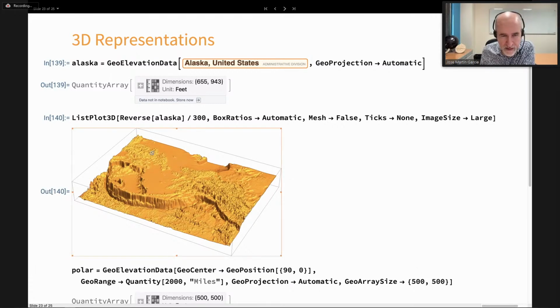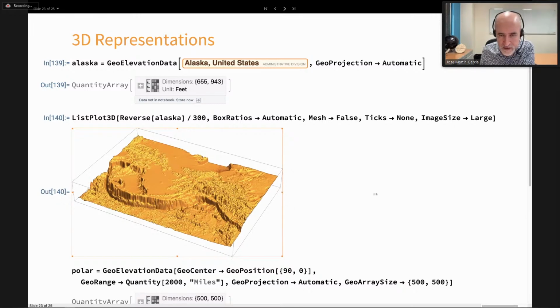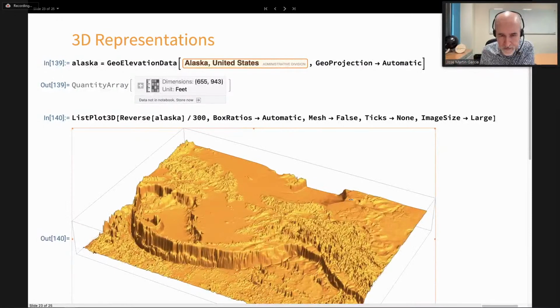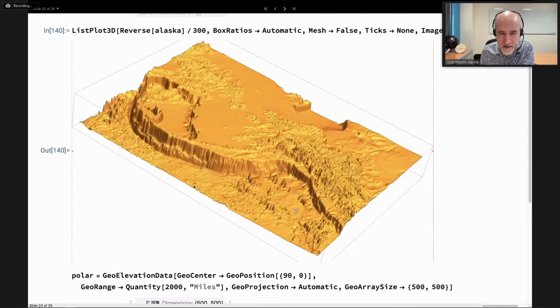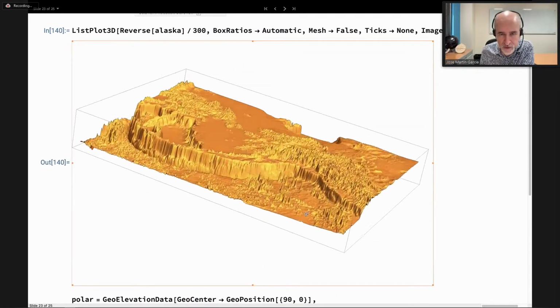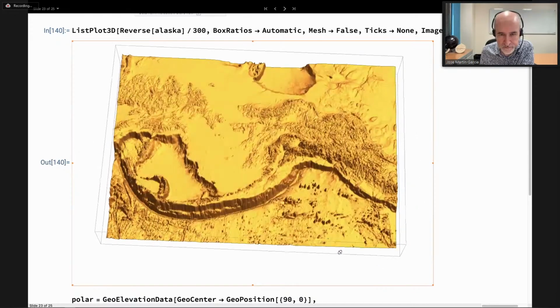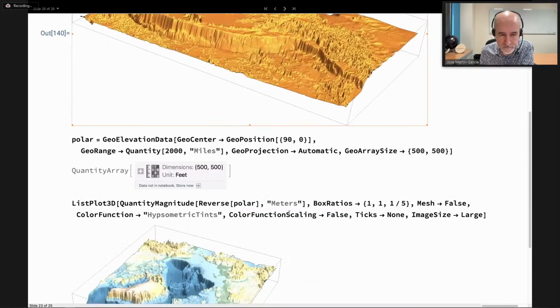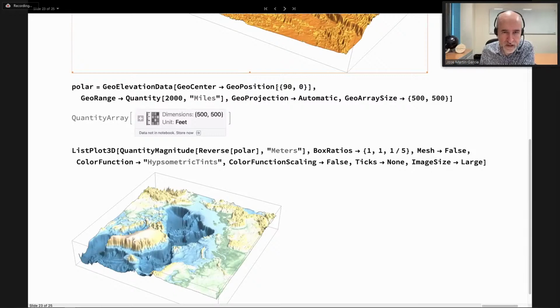When there was ice long ago, it was possible to cross from one side to the other, right? And this is a 3D object, right? That you can rotate. We can do the same thing around the North Pole, for example. That's a 500 by 500 matrix of elevation data around the pole.